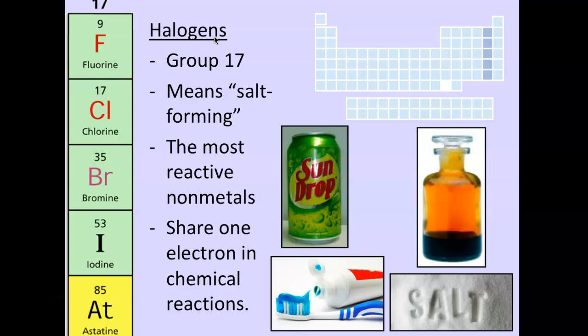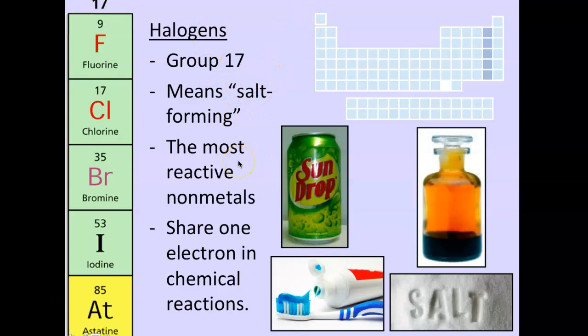So these substances are really highly reactive. They're the most reactive non-metals. So the halogens, halo means salt, gen means producing. So the halogens are salt producing during chemical reactions, or salt forming.